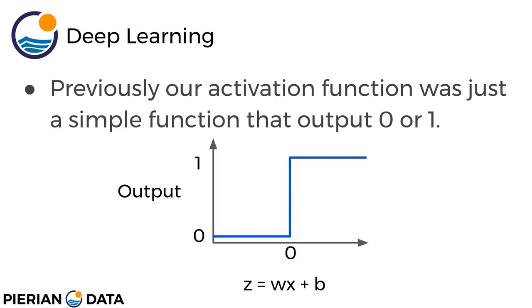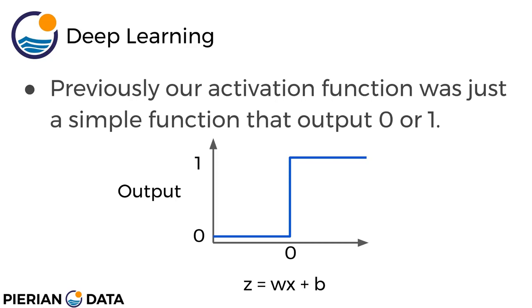And if we plot that out, that looks like this. We can say the output is either 0 or 1 on the y-axis, and then on the x-axis we see our marking at 0, and if we have a negative value, we output 0, and if we have a positive value, we output 1. And we did this by having the x-axis be wx plus b. That is the weights times the inputs plus that bias.